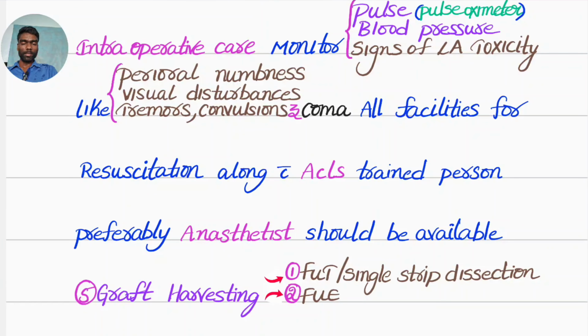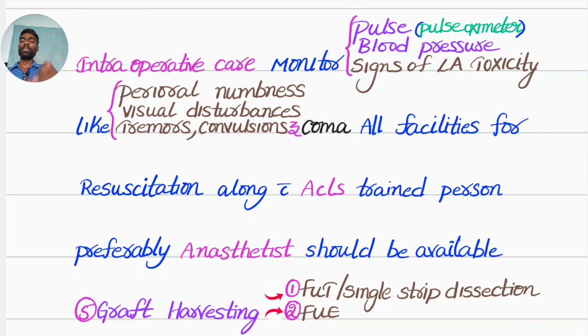After giving local anesthesia, during the procedure, we have to take intraoperative care through monitoring pulse, blood pressure, and any signs of local anesthesia toxicity like perioral numbness, visual disturbances, tremors, convulsions, and coma.